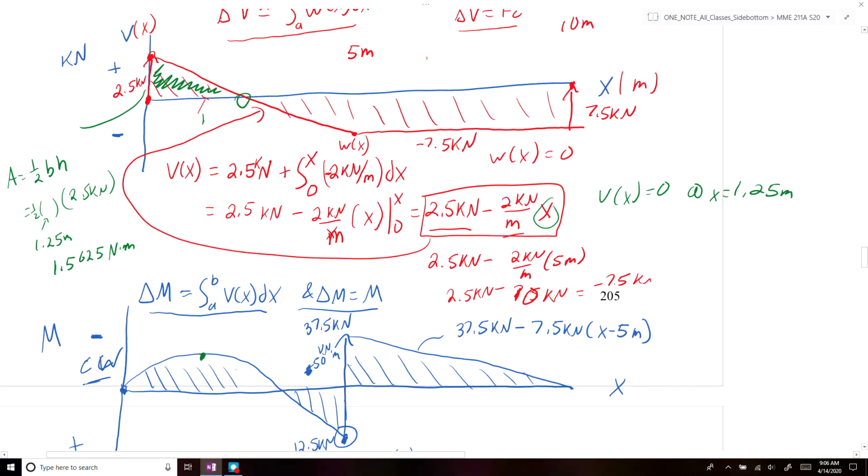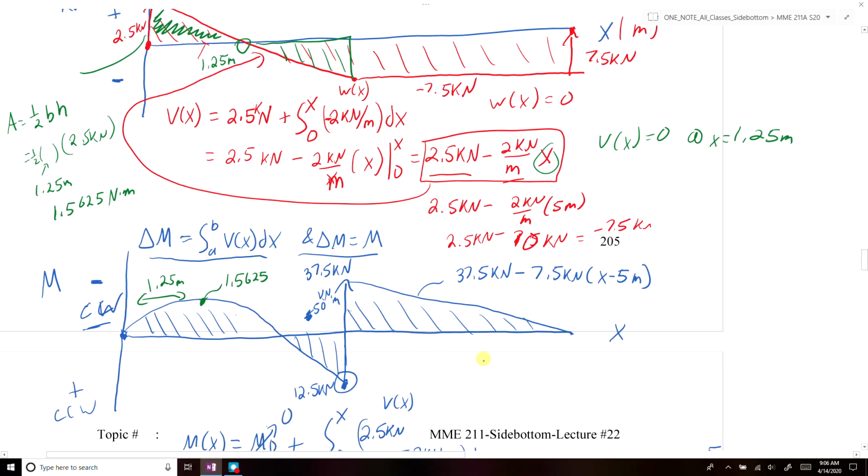So this is supposed to be at 1.25 meters, and we know that the height of this would be equal to 1.5625. Alright, if we then subtracted the area of this triangle here, you would be able to calculate the value of this number here.